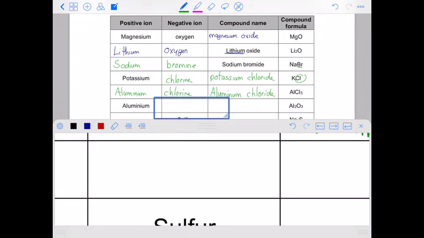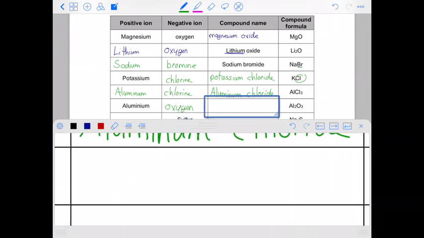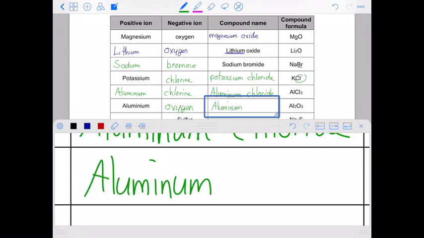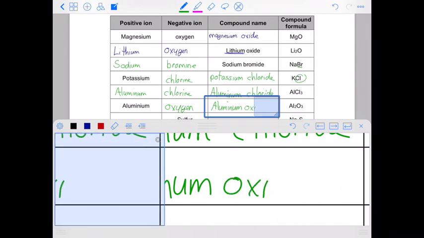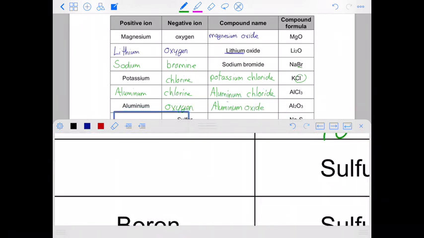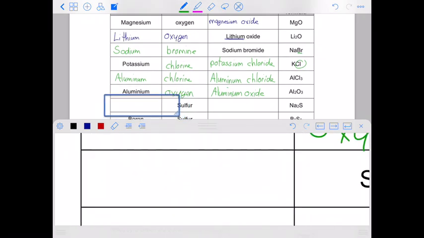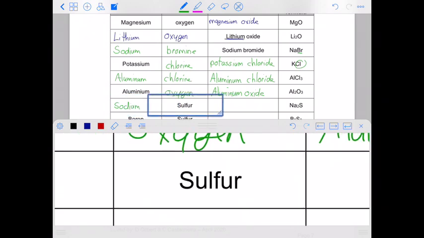So the next one, aluminum, O, I know is oxygen, which turns into aluminum. And oxygen, I can't just write oxygen, I need to write oxide. So Na, hopefully you'll remember, is sodium and sulfur.